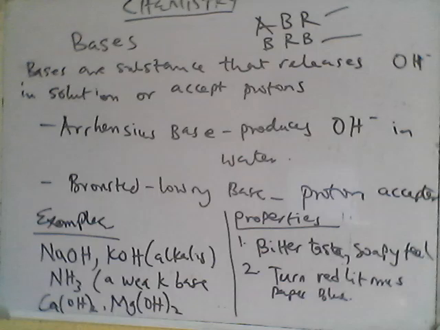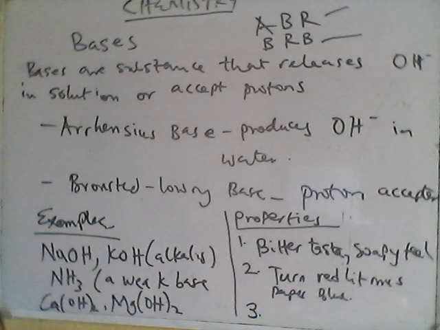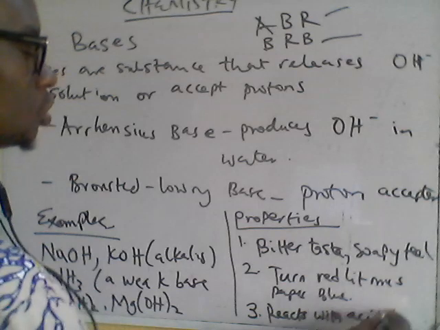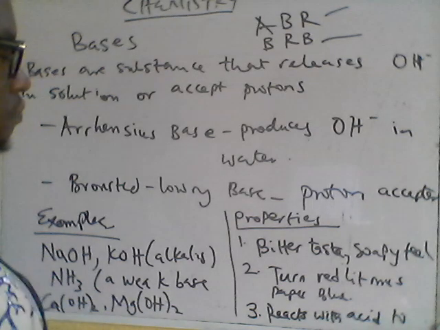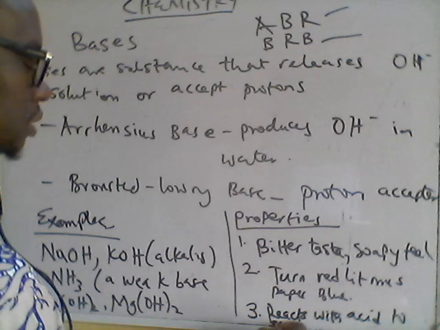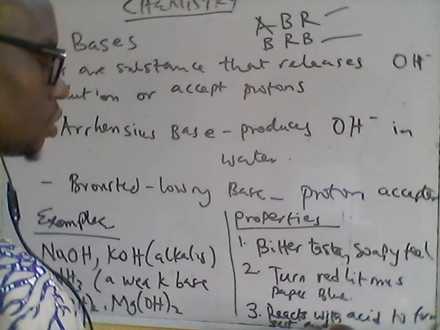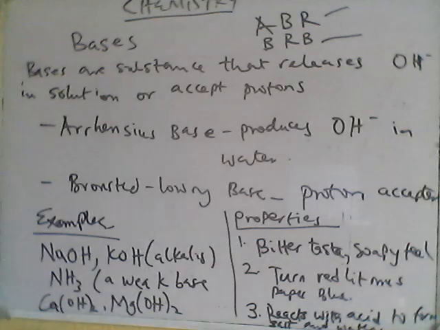You won't miss it. Okay, so the third property is that it reacts with acid to form salt and water, in the process known as neutralization, we'll talk about that later. So these are the properties of base.